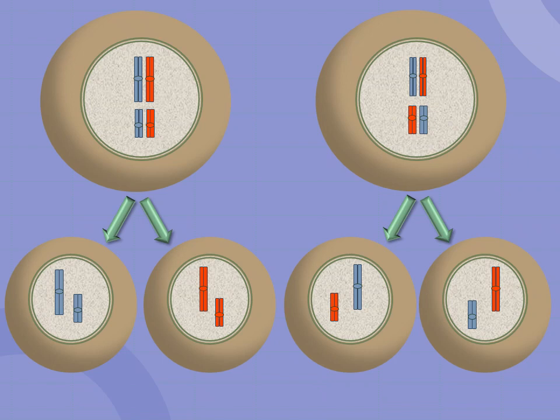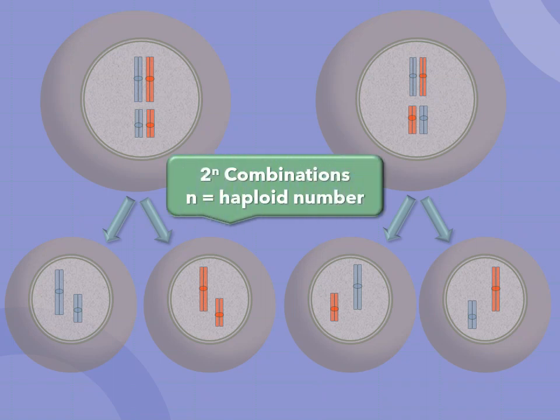In fact, there's a total of 2 to the power of n combinations, where n is the haploid number of the cell. In humans, since we have 23 pairs of chromosomes, this means that there are 8,388,608 combinations of chromosomes possible, just from how they line up during metaphase 1.